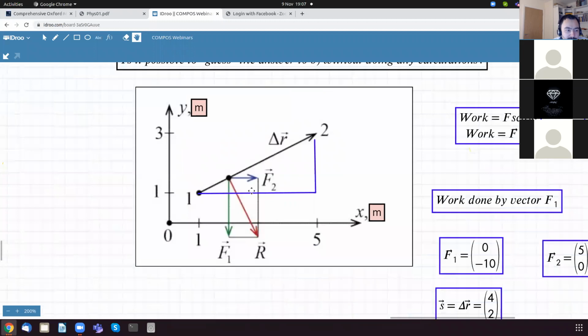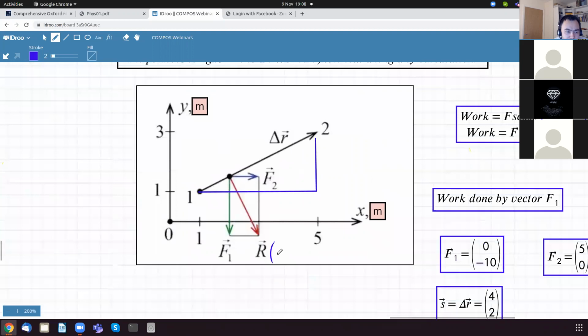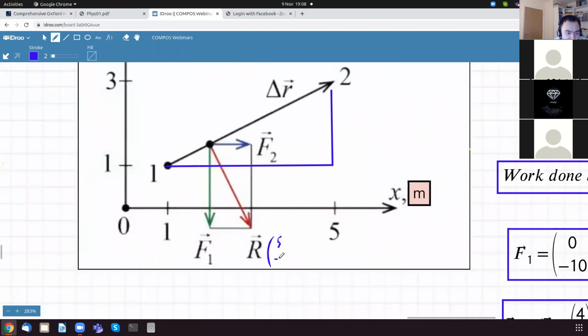Well, if you look closely at the coordinates, the coordinates of the vector R: because R is equal to F1 plus F2, it is 5 minus 10, and the vector R is 4, 2.